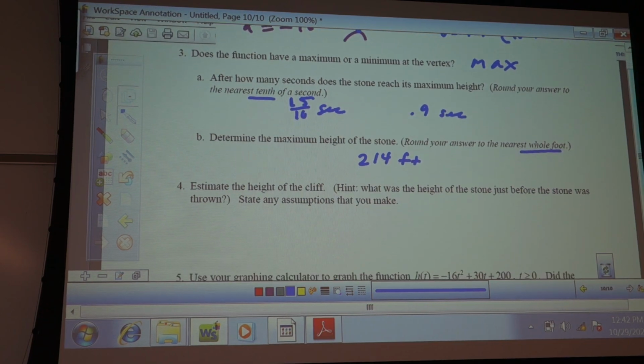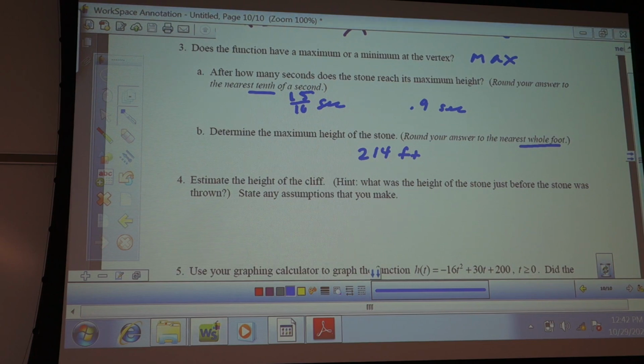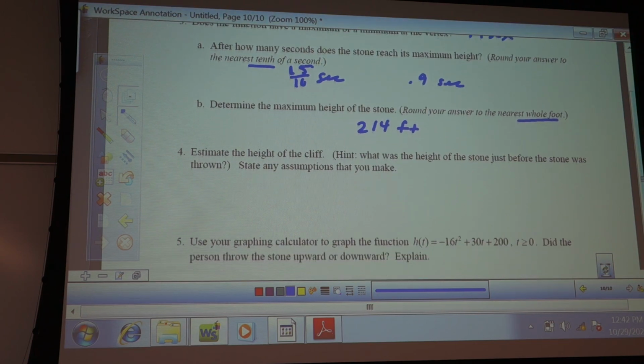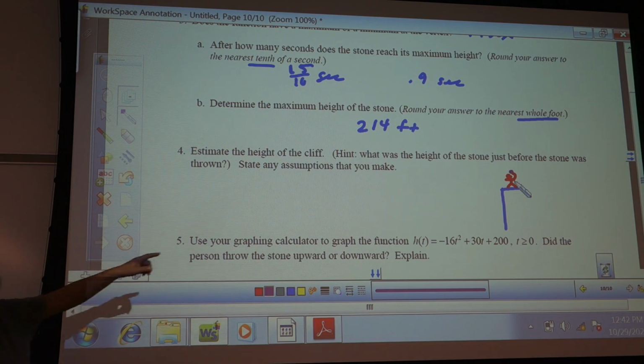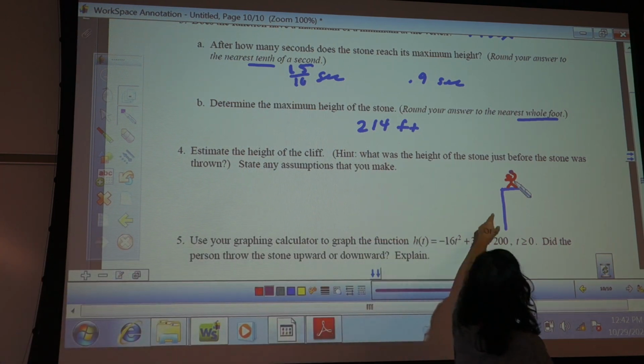Estimate the height of the cliff. Aha. So the height of the cliff. Let's explain that one. Okay. Can everybody see this? Here's the cliff.